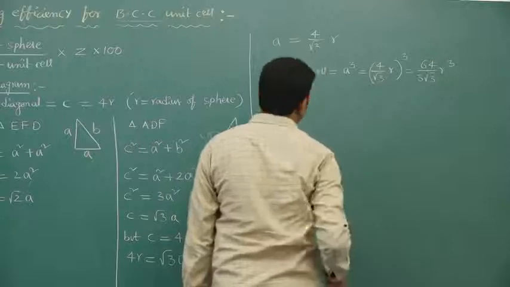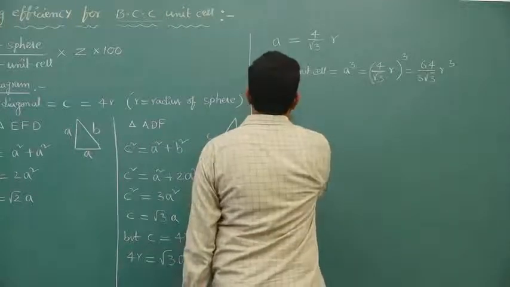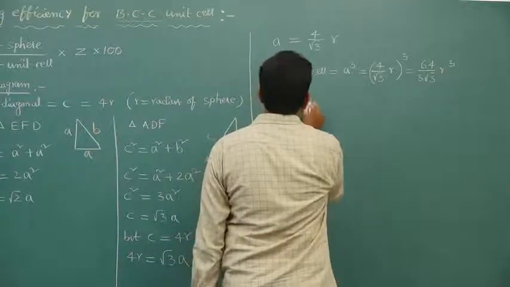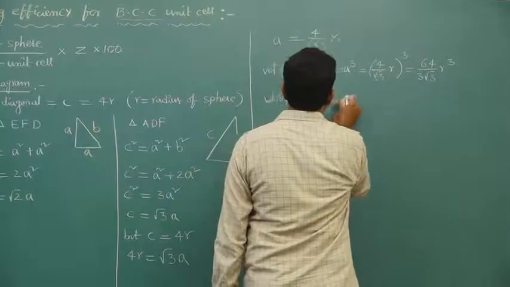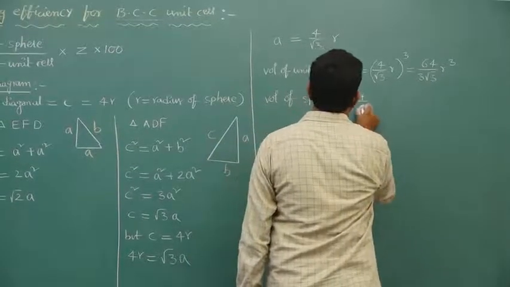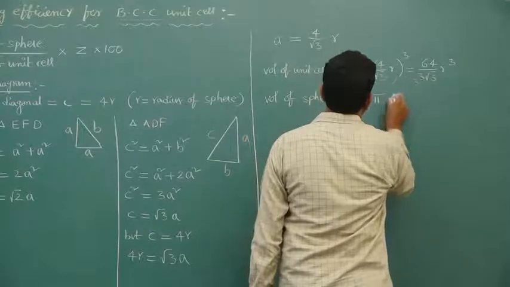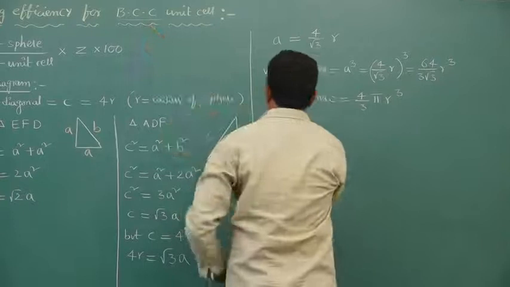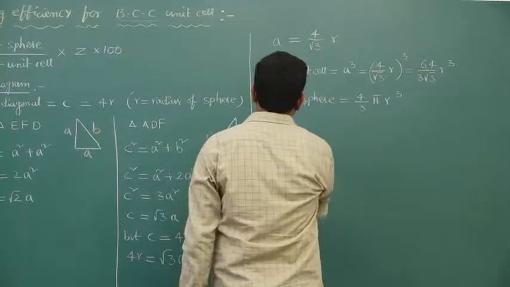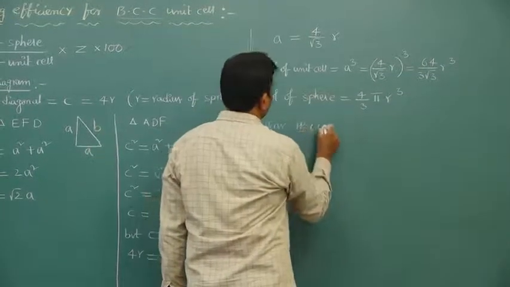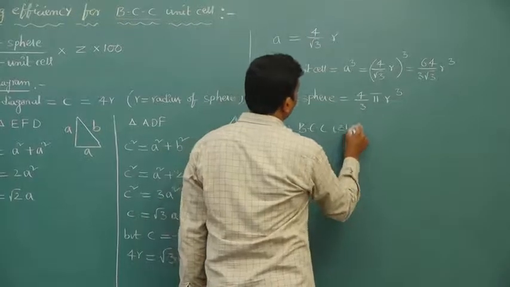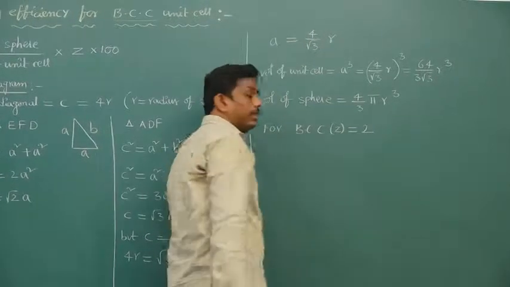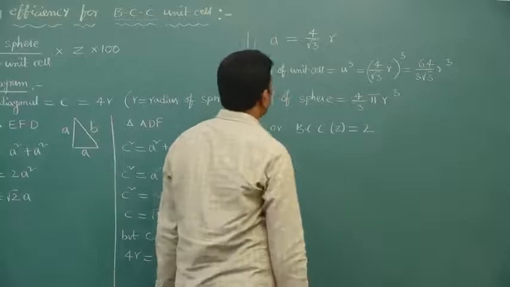That is the volume of the unit cell. Volume of sphere, the formula is 4 by 3 pi R cube. And the calculation is for BCC. For BCC, the Z value we already calculated is 2.